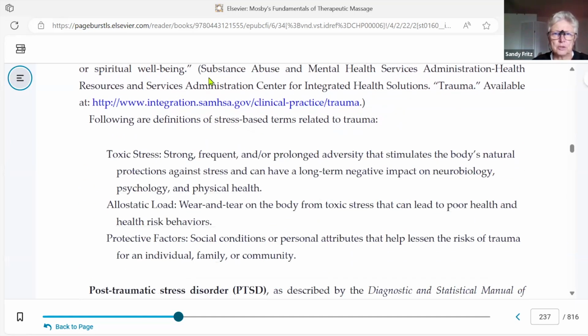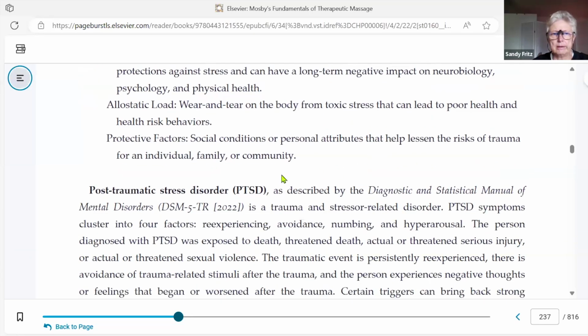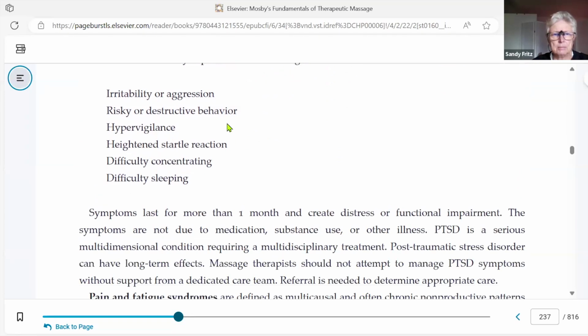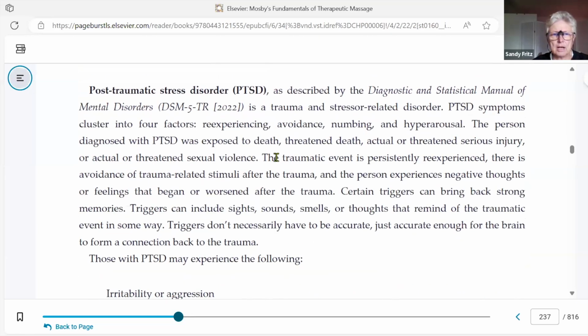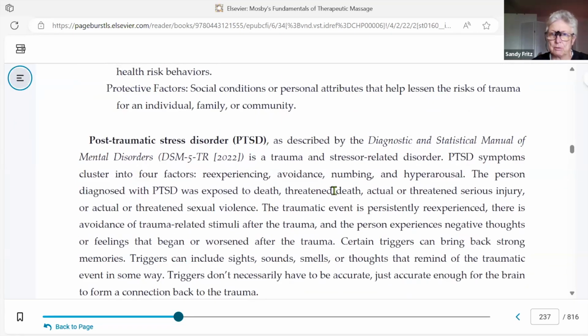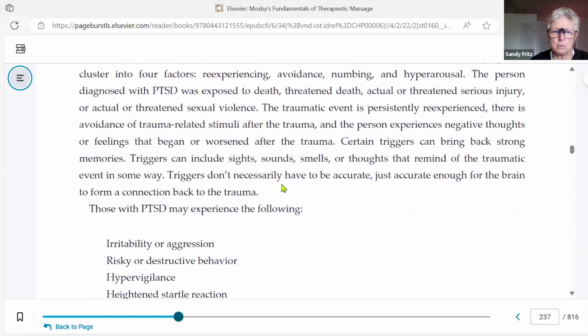So these are some terms, and this is a link that can give you a lot of additional information about trauma-informed care and post-traumatic stress disorder. It's our job that if somebody mentions it to us, we understand it and have a recognition, and then we research more.